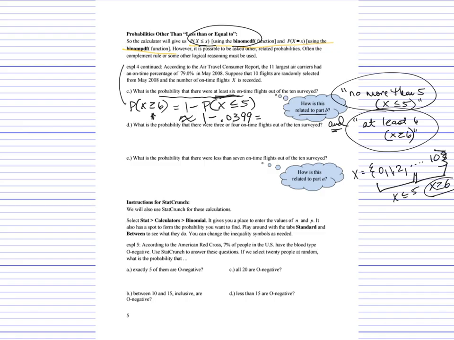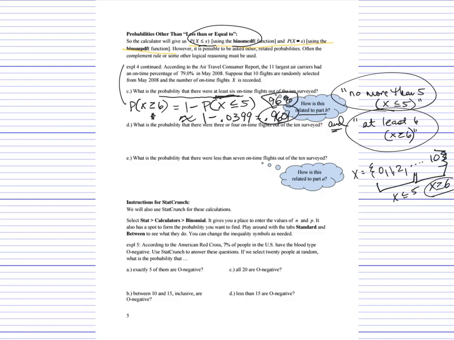And so I'm going to do 1 minus that and get 0.9601, or 96%, right? About 96% of all of the samples of size 10 will result in at least 6 of those sampled flights being on time. That's what we're saying.